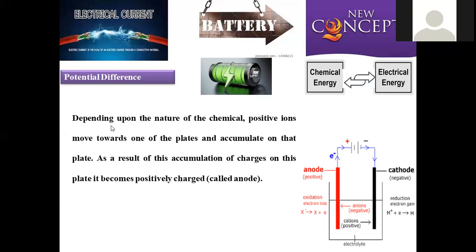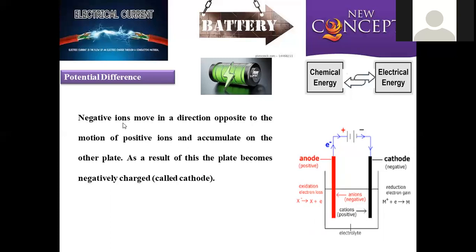Because of that deposition, if we take positively charged ions, they will obviously move towards the negatively charged electrode and accumulate on its surface, and that accumulation is purely because of the chemical force operated by the electrolytic solution. Now, negative ions move in the direction opposite to the positive ions.